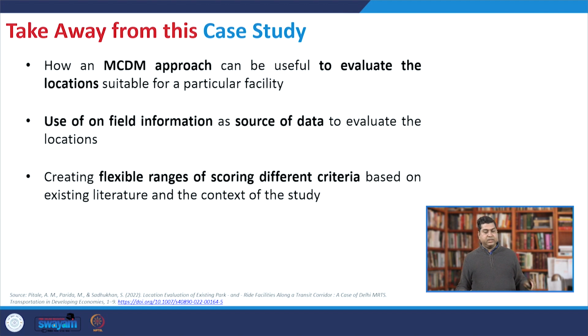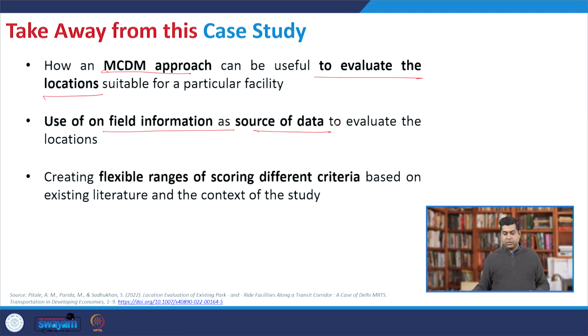The takeaway from this study, which is important, is how an MCDM approach can be useful to evaluate the facility location. Here we have used TOPSIS, the score and all. Use of on-field information as a source of data to evaluate, because it is based on the actual data which is measured spatially and also on field.